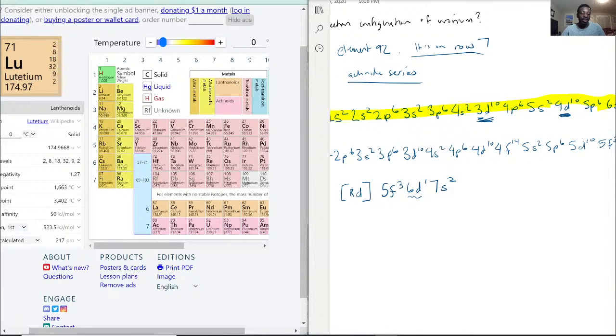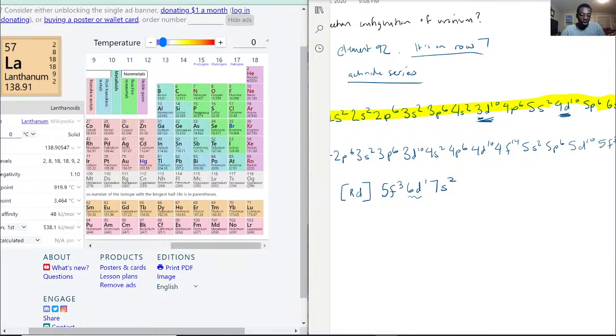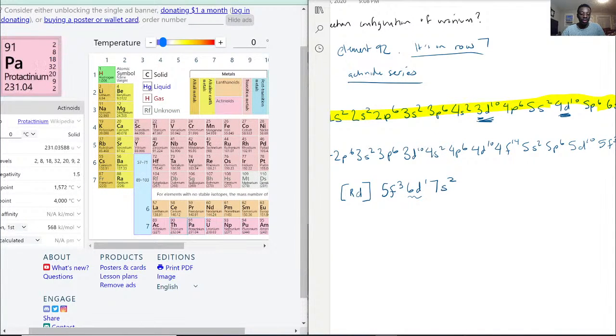So if we went from lanthanum all the way to ytterbium, technically it would be 4f14, and if it included lutetium, it'd be 4f14 5d1. Okay, so for this we're talking about uranium, which is back here, so it'll be 5f4, not including that d subshell. So good to know.